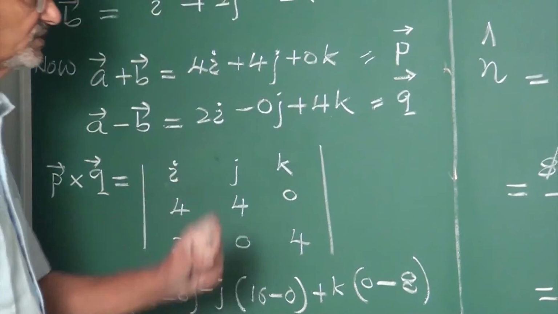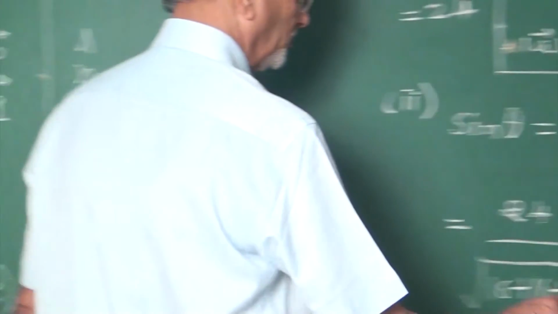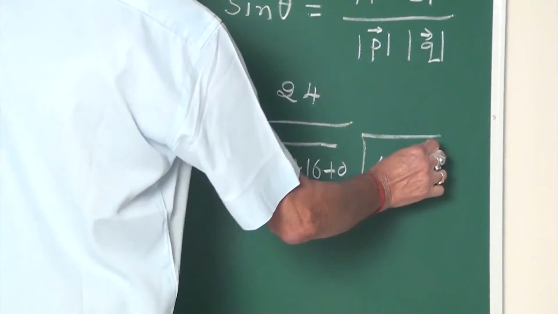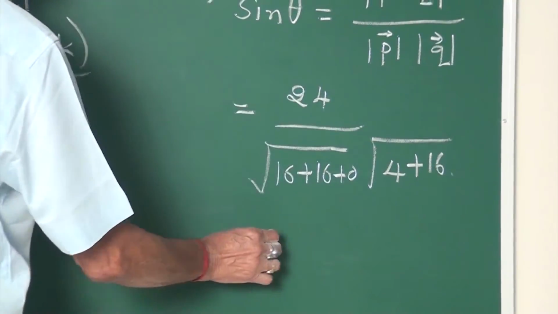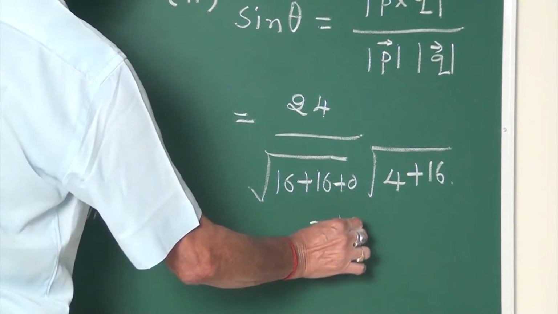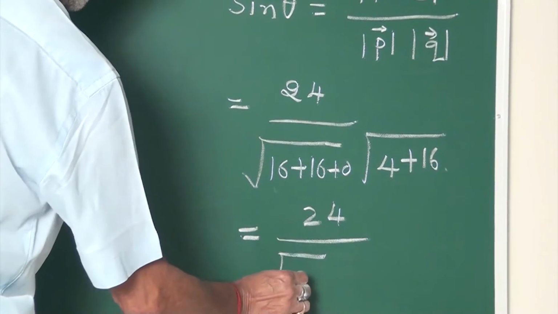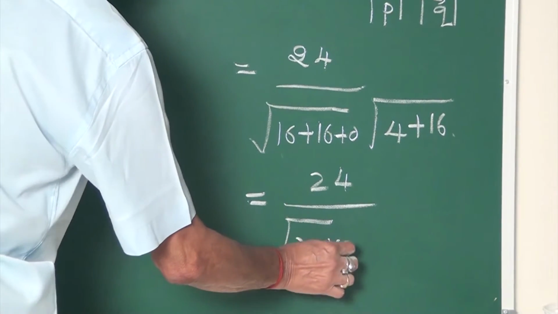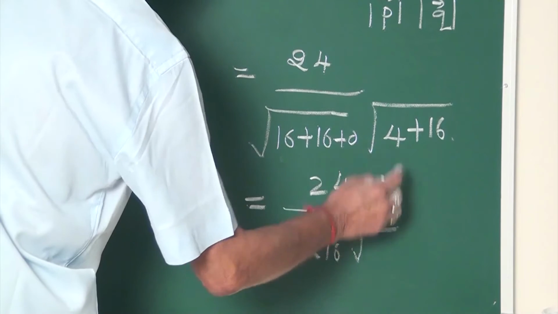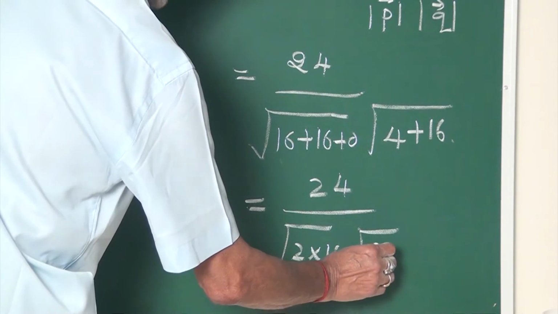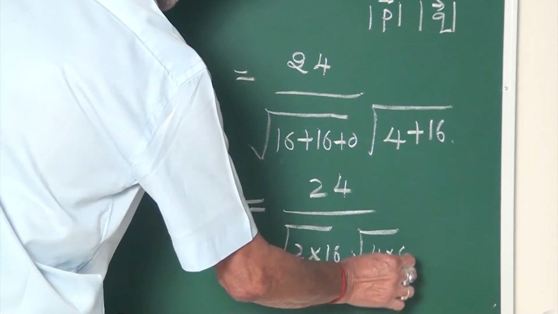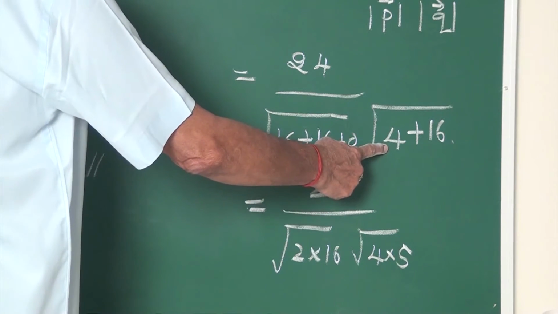A minus B means Q. This is the square root of 4 plus 16. So 24 upon the square root of 16 plus 16, which is 2 into 16, into the square root of 20. 20 can be written as 4 into 5, since 16 plus 4 is 20.